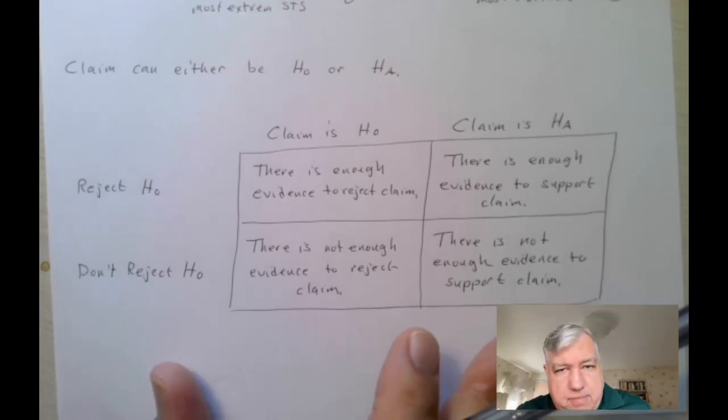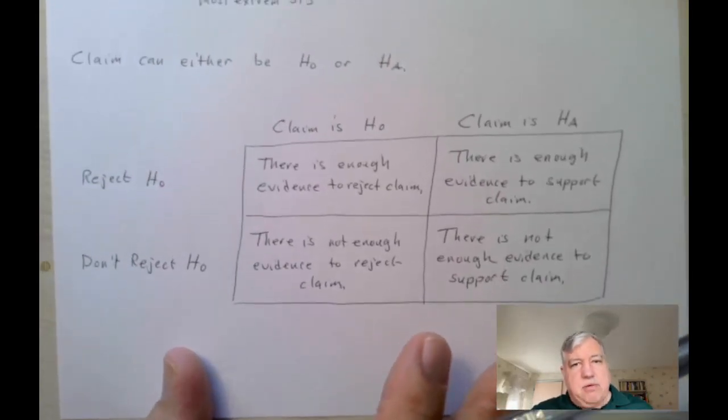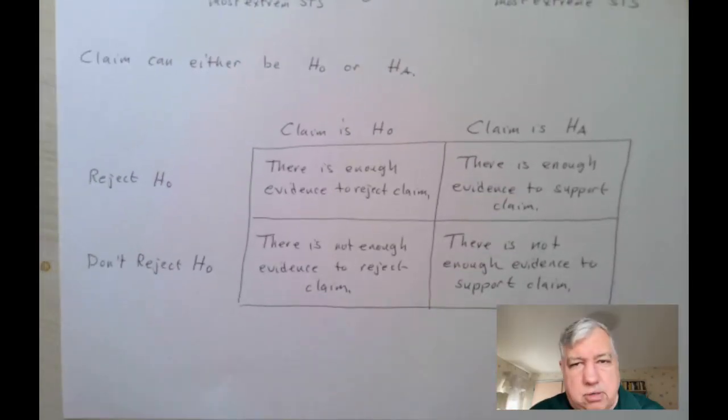Now, the claim that your employer gives you can either be the null hypothesis or the alternative hypothesis. It depends, does it have equality in it or not? But what do you tell your employer? You don't go to your employer and say, oh, H0 is false, or there's not enough evidence to support H0.